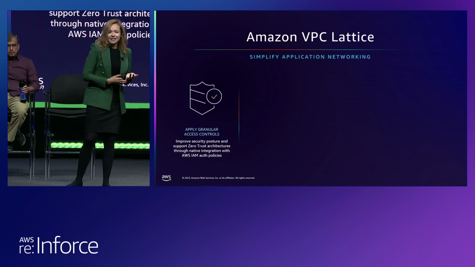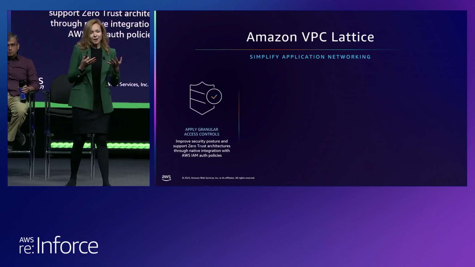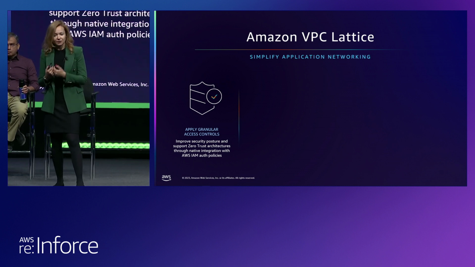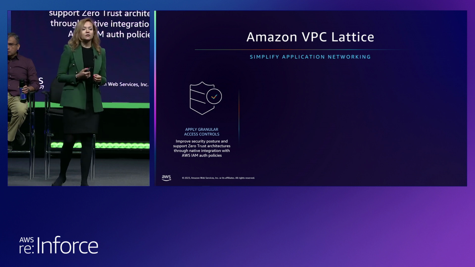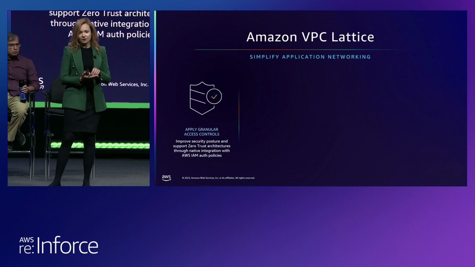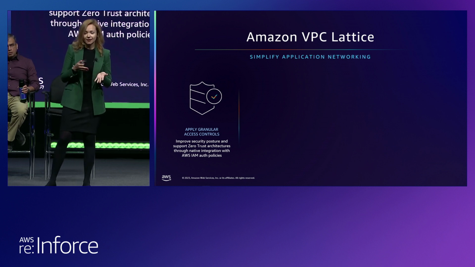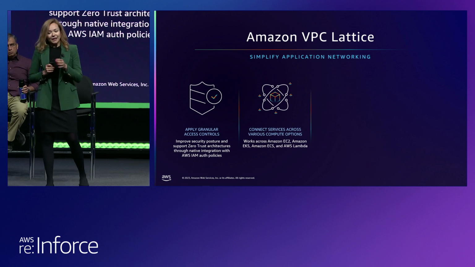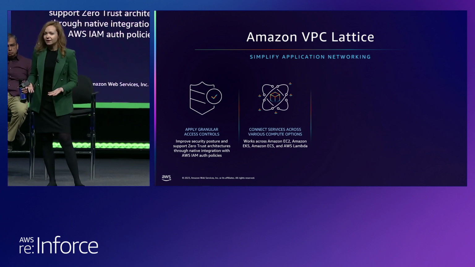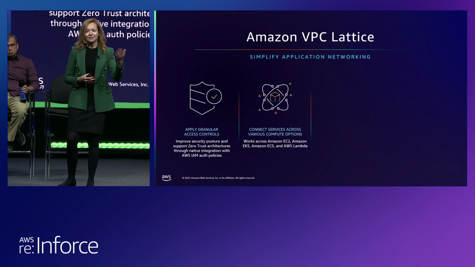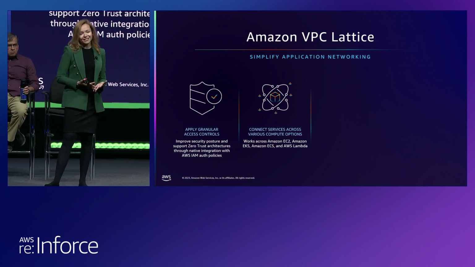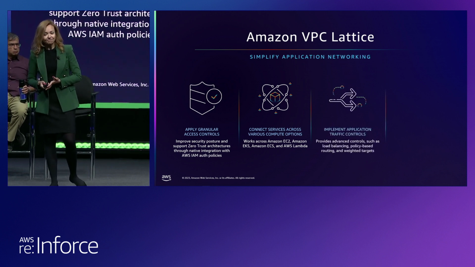Amazon VPC Lattice is an application layer service that provides application layer functionality together with network connectivity. It allows you to integrate zero trust, strong authentication principles, authentication and authorization through the use of IAM auth policies. It allows you to connect your services across various compute platforms. So you can have Kubernetes, Lambda functions, EC2, ECS. They are all integrated with Amazon VPC Lattice.